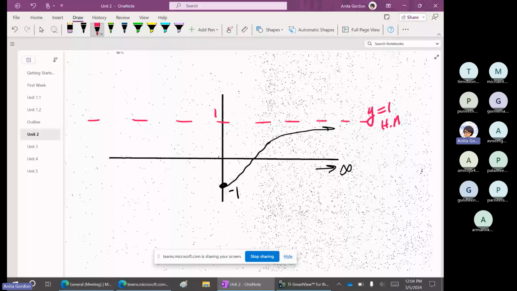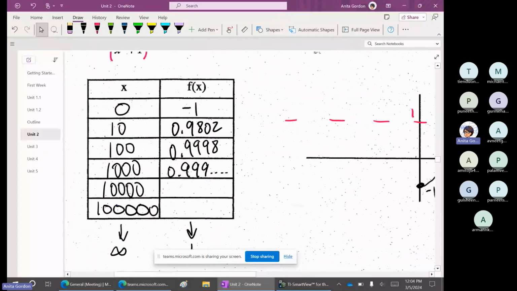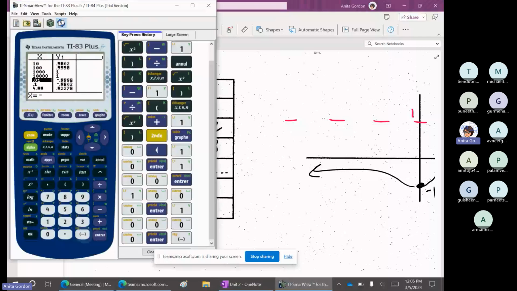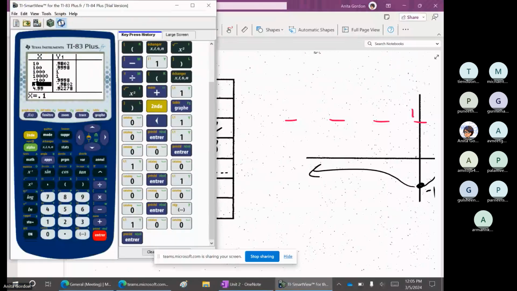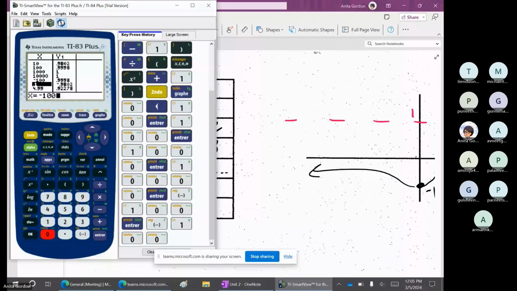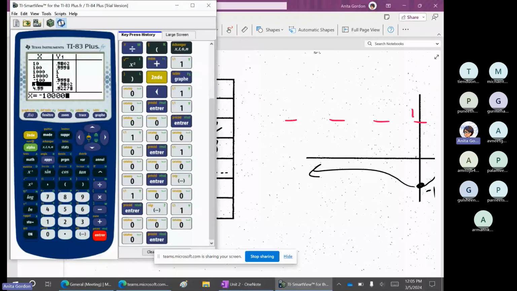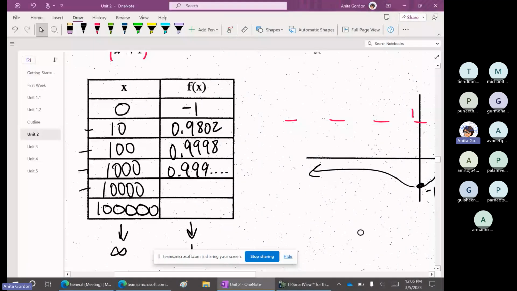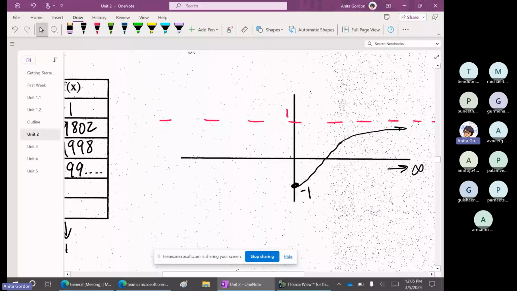You can also let x approach negative infinity. And again, just grab your calculator and make all these numbers negative. See if that changes the values. If I have negative 100, negative 1000, it's still giving me the same numbers. So that means, again, I have a symmetric graph where the left side of the graph is doing that too.